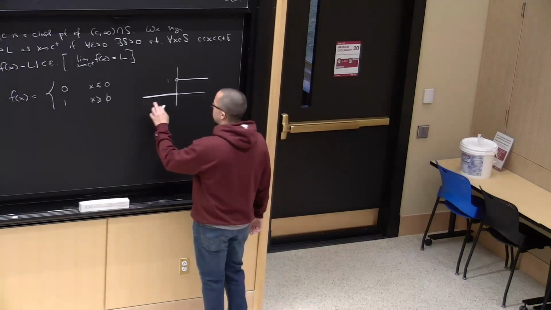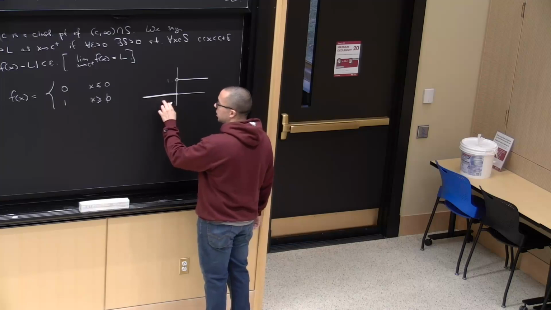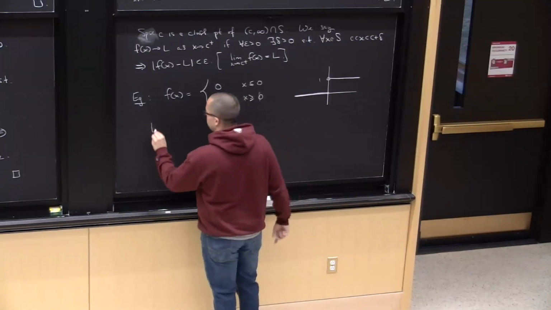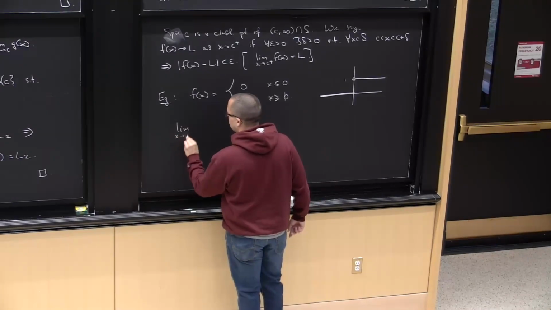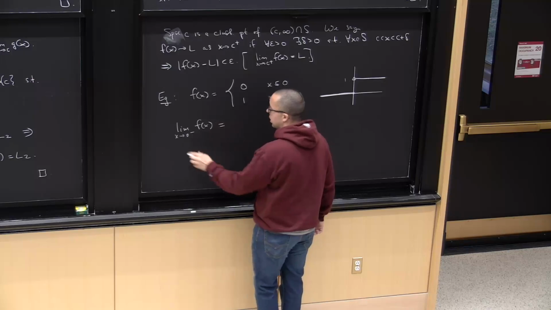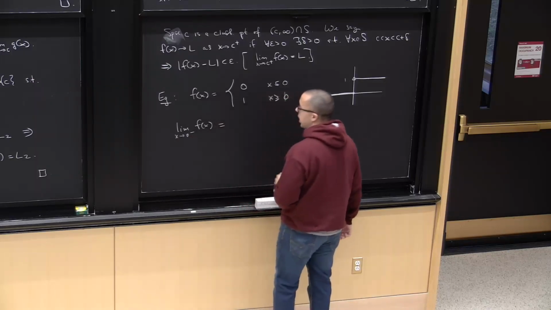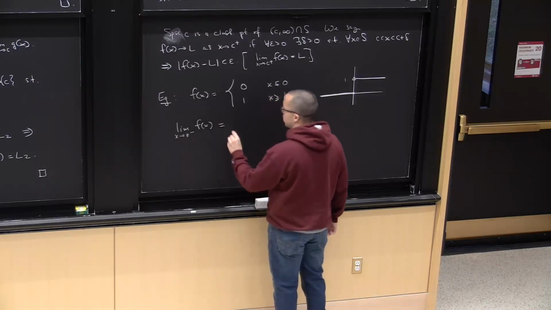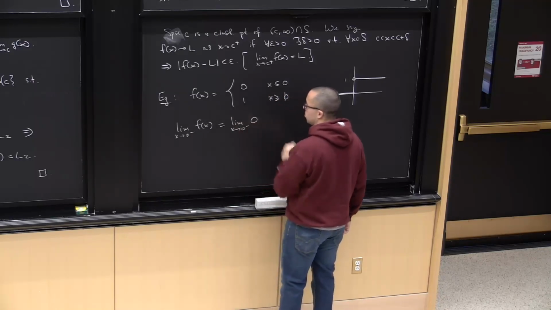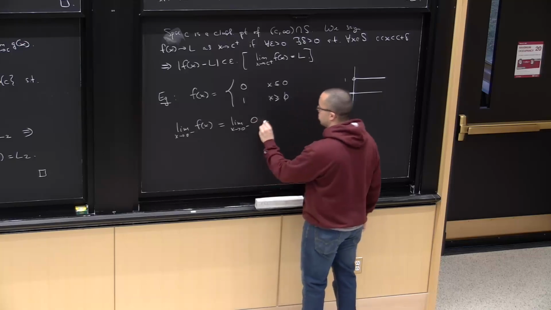So if I look at this function for x close to 0 from the left, f is just 0. In fact, since I'm only looking at x to the left of 0 in this limit, this is just plugging in x less than 0, so I get 0.